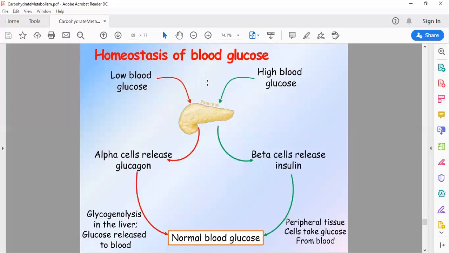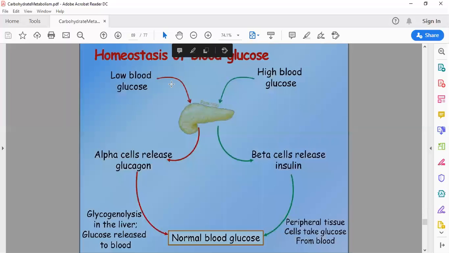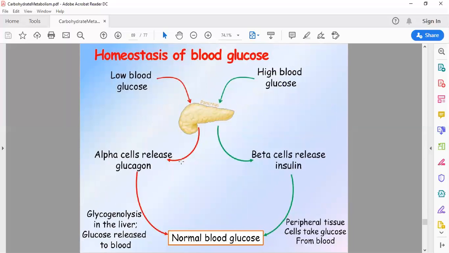Here the homeostasis of blood glucose is explained. Whenever blood glucose level decreases, the pancreas activates the alpha cells to release the hormone glucagon, which carries out glycogenolysis in the liver, and glucose is released to the blood, reaching the normal blood glucose level.